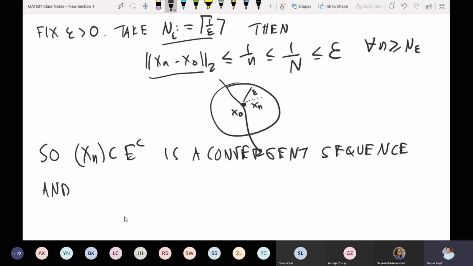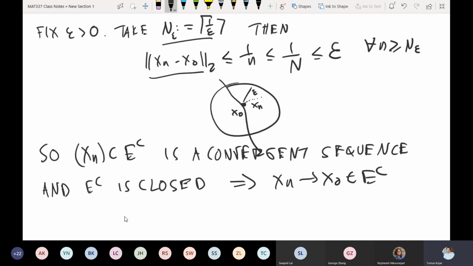And since E complement is closed, the limit point will also be in E complement.